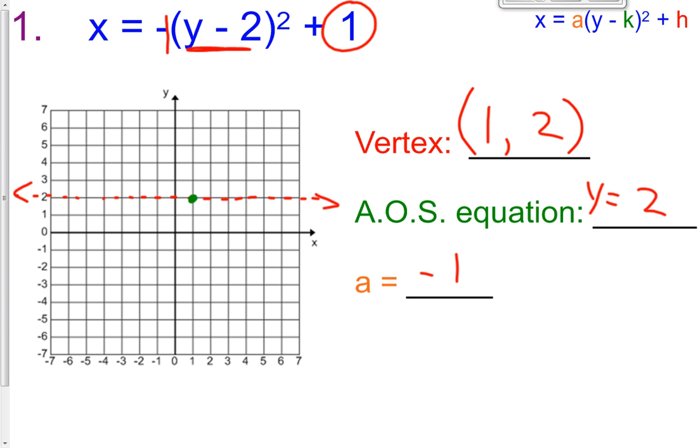Now you can start drawing with me. It's right 1, up 1, right 1, 2, 3, up 1. Left 1, down 1, left 1, 2, 3, down 1. And we have these 5 points that represent your parabola. So that's what we have on this one.